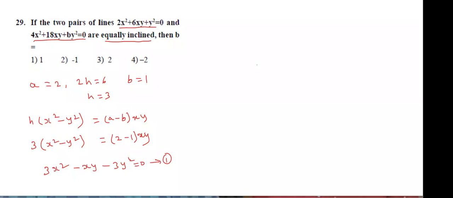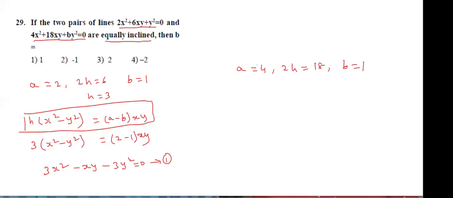Observe the second equation. In the second equation, the a value is 4, the 2h value is 18, and the b value is b. Here also we can use the same formula. h is 9 into x square minus y square is equal to 4 minus 1 into xy.